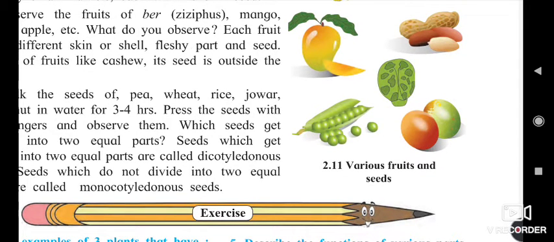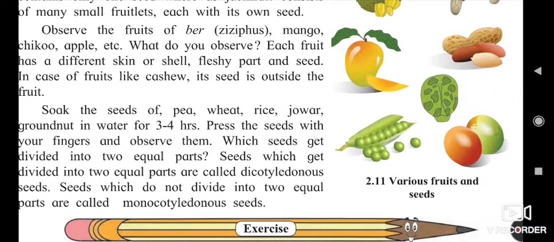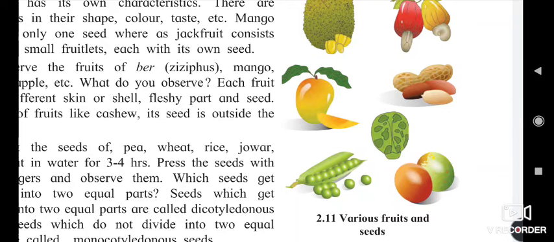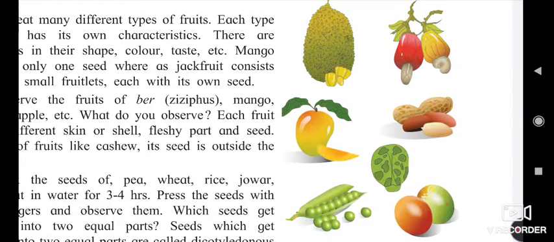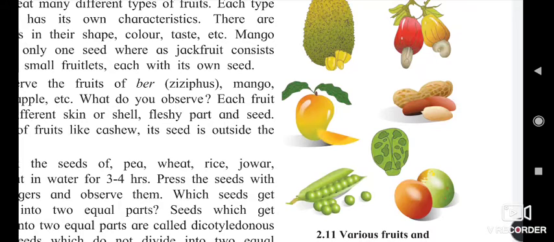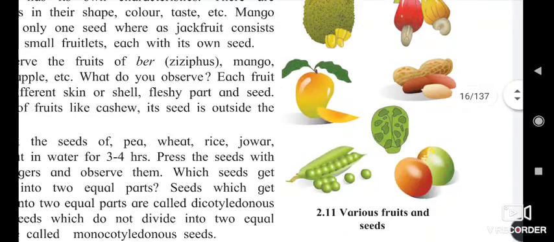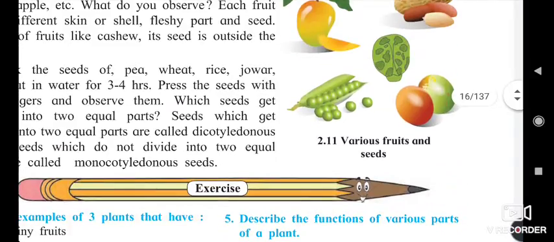There are dicotyledonous seeds such as groundnut, and this pea are dicotyledonous seeds.